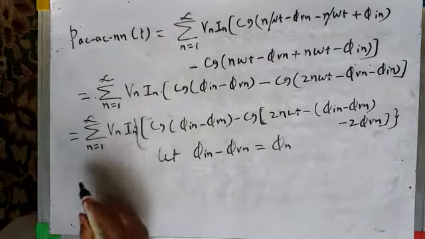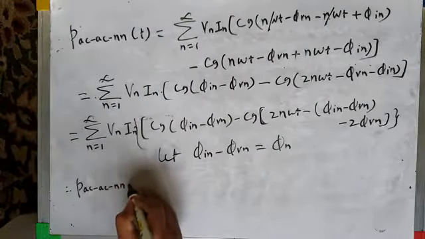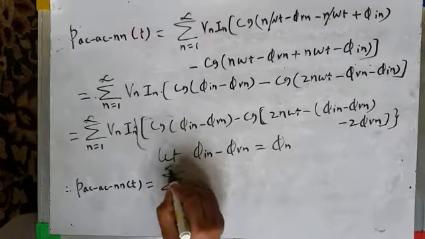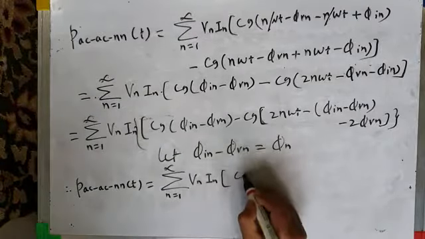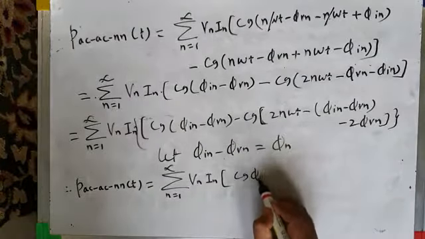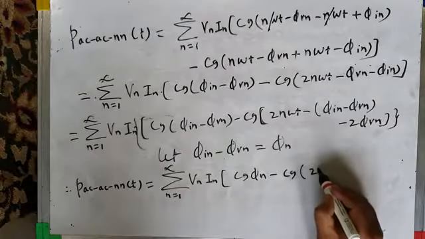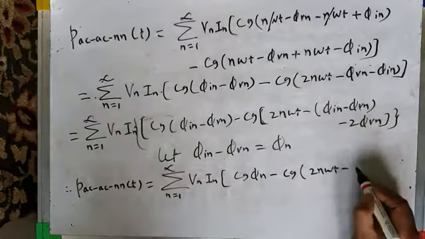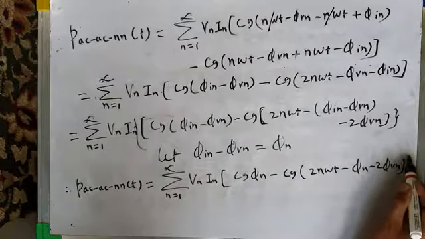So putting it in this equation, we will get P AC instantaneous is equal to summation n equal to 1 to infinity Vn In cos, what is phi In minus phi Vn? It's phi n, minus cos of 2n omega t minus, this is again phi n minus 2 phi Vn. Bracket closed.